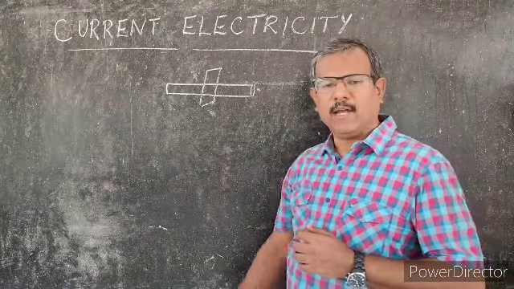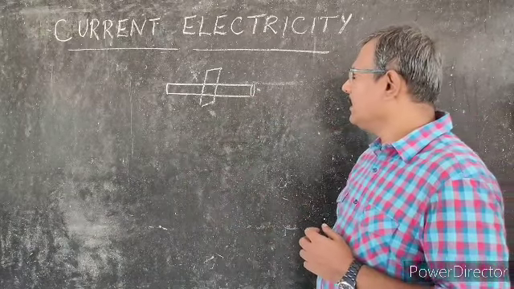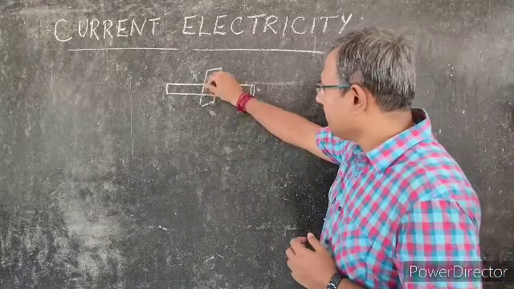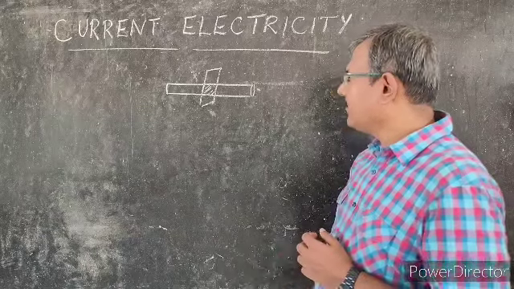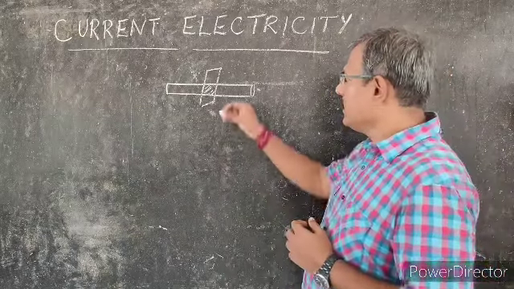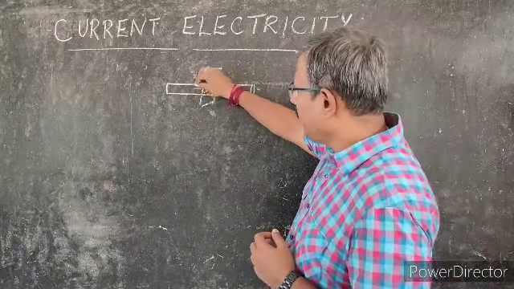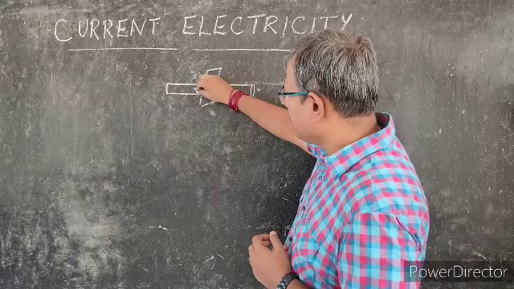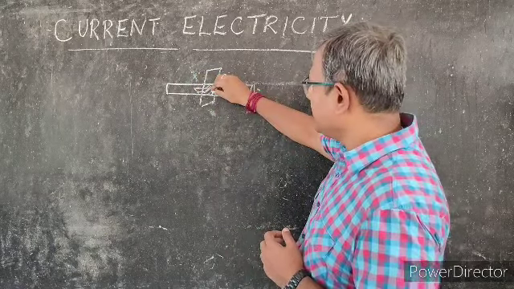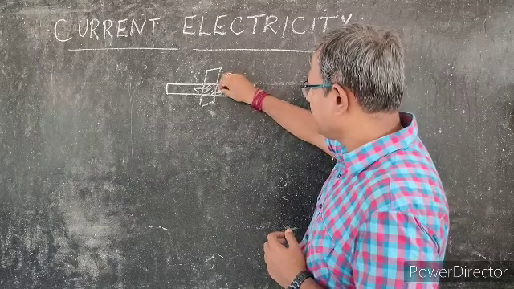Now, if I look at this place microscopically, I should be seeing some charges moving in this direction, and there will be a few charges that will be moving in this direction.